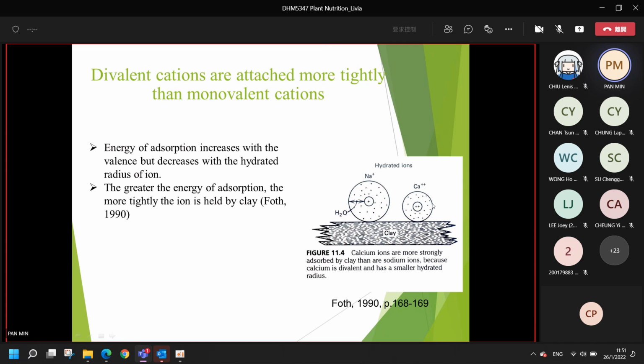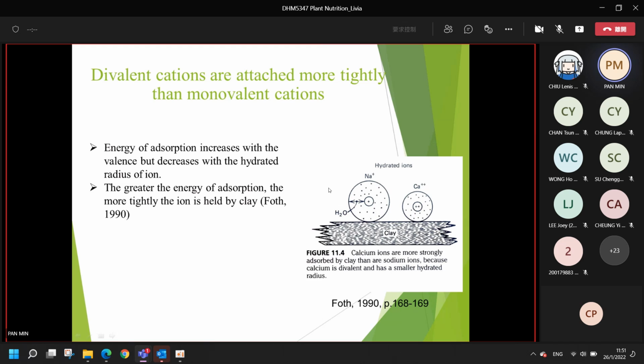So here you can see that if the roots want to extract one ion from the clay surface, which one will be the first one being taken up by the roots?